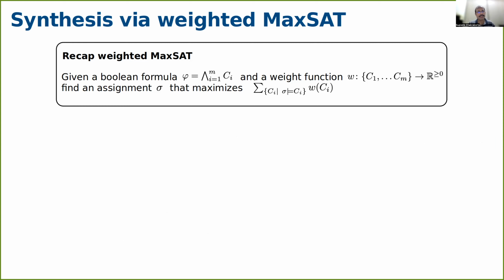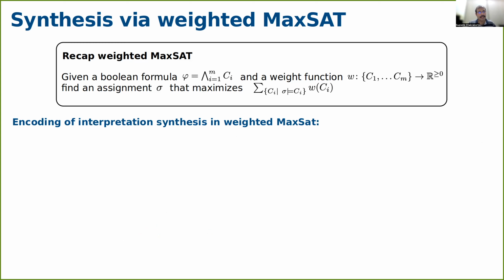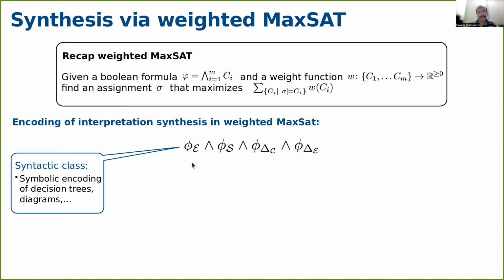Okay, so this is our weighted MaxSAT problem. In order to encode the interpretation synthesis in weighted MaxSAT, we will actually construct 4 formulas. The first formula will be encoding the syntactic class. So every time I find a satisfying assignment of this formula, that satisfying assignment will give me an interpretation in the given syntactic class.